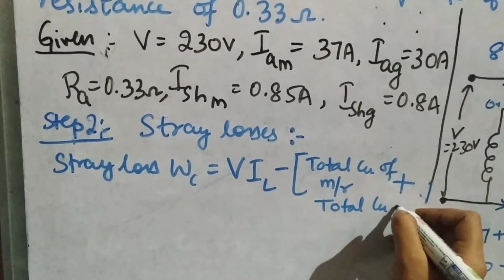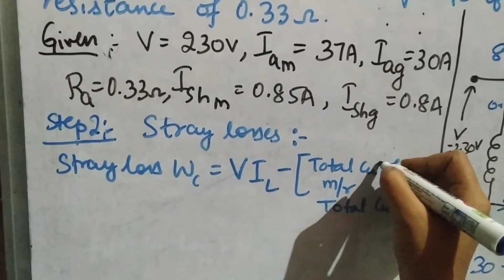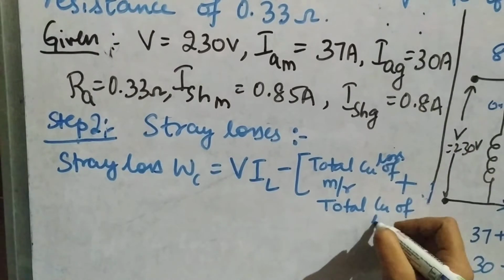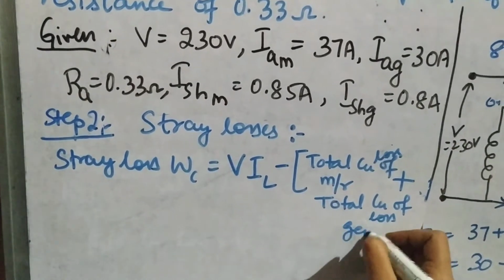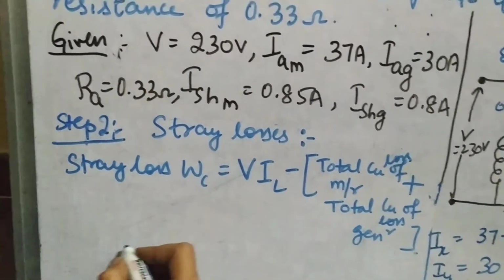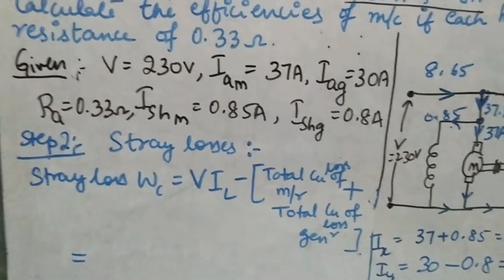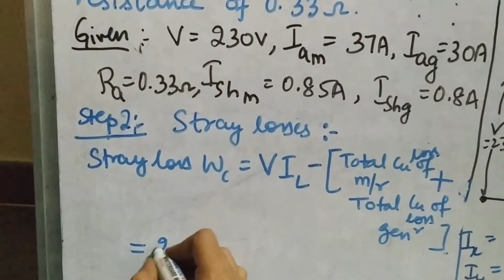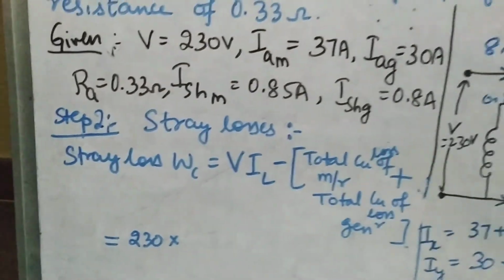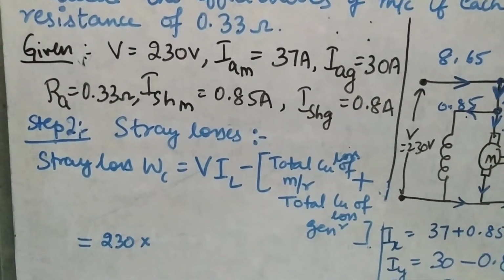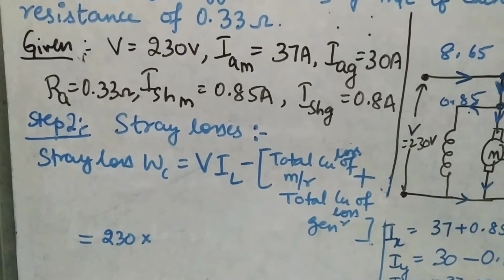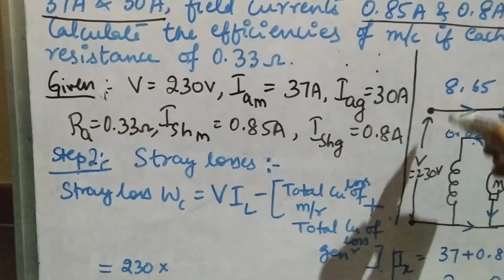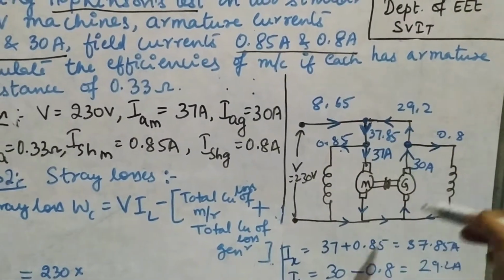So what is the value? V into IL, that is 230 multiplied by the line current. What is the line current from this circuit diagram? Which is the line current?